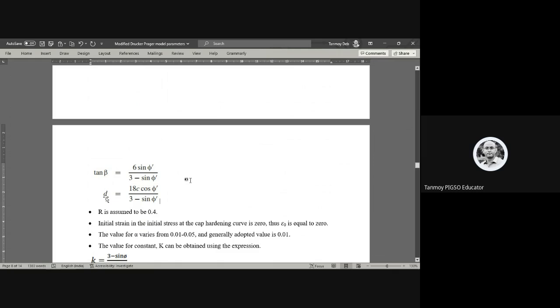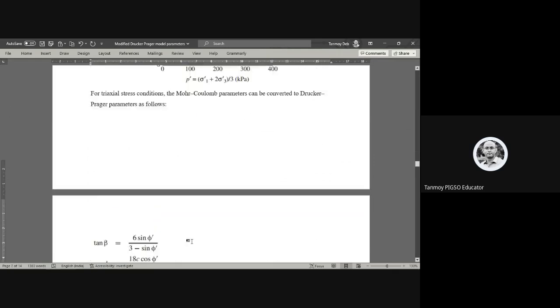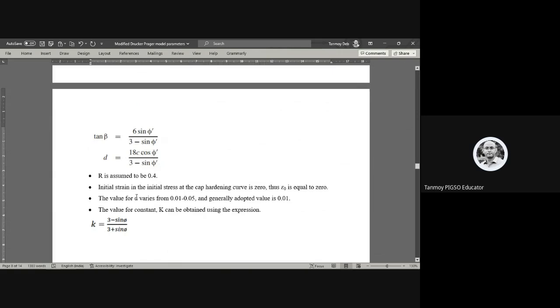And this d is the intercept that we got in PT space, which is directly correlatable with the cohesion obtained from the Mohr-Coulomb test. So this is again 6 c cos phi dash by 3 minus sin phi dash. It also indicates that if we have a Mohr-Coulomb model, we can convert it into a Drucker-Prager model as well and do some comparative study.